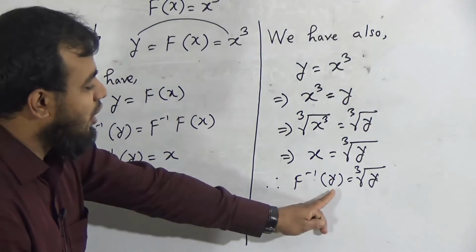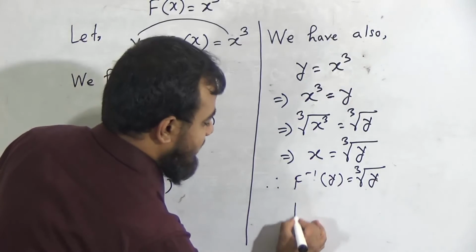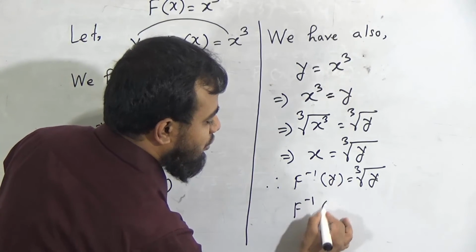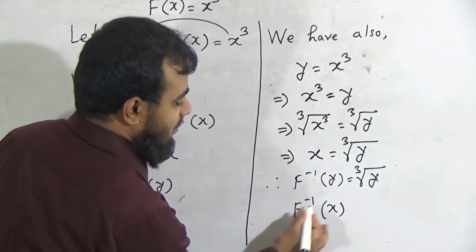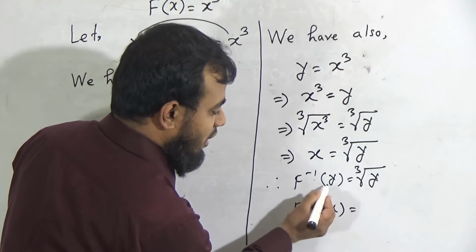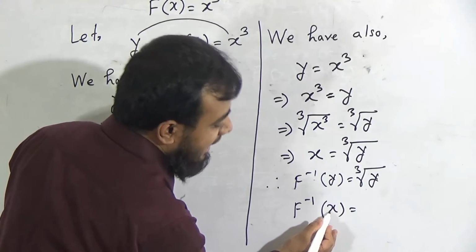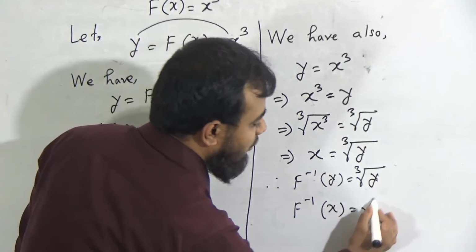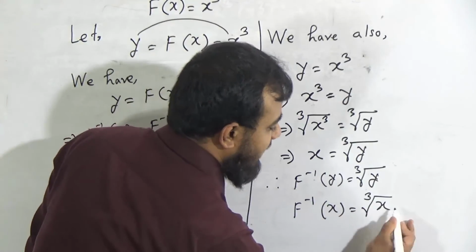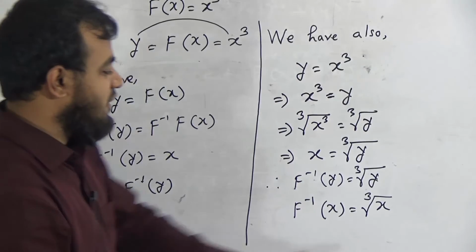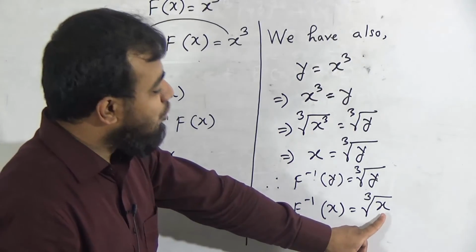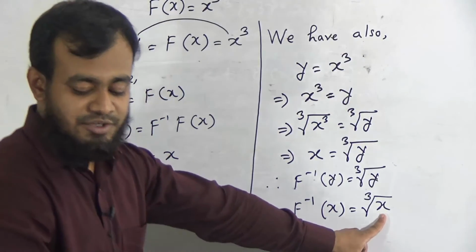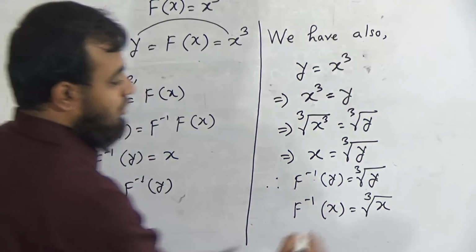So in place of y we will put x. So f inverse of x is equal to cube root of x. This is our inverse function. But my dear students, you need to write down the note here.